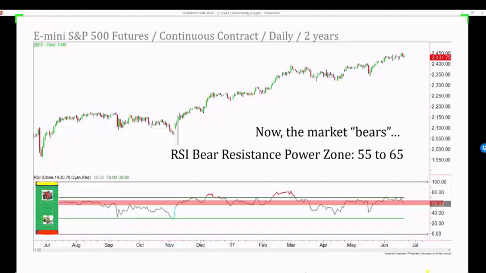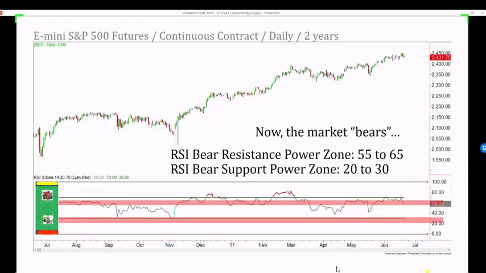What this is saying is that in bear conditions, or in a situation where bears are in control, they generally find resistance between 55 and 65, not up at 70. And they generally form support further down, more like 20 to 30. Not just, hey, let's dip below 30 and come back out and call it the end of the bear move.